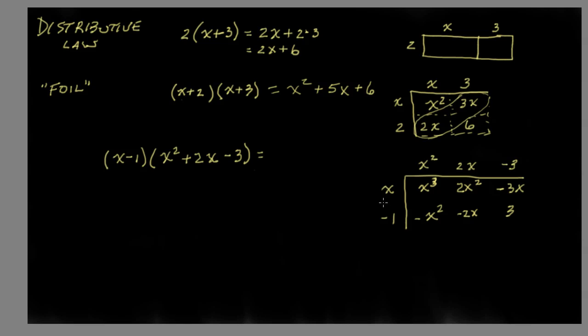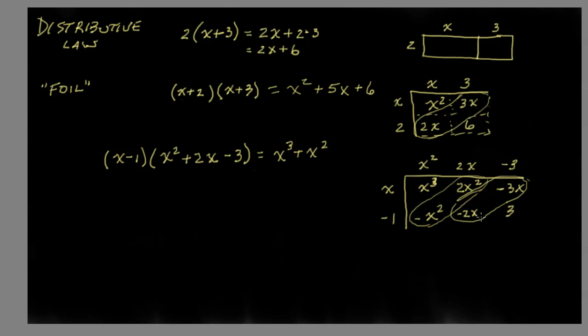And again, notice, as I mentioned up here, on the diagonal, from lower left to upper right, we had terms that were like terms. In this case, that happens again. Here's a pair of like terms, and here's another pair of like terms located diagonally from each other. So when I add those like terms together and write the result, I have x cubed, negative x squared plus 2x squared, so that's negative 1 plus 2, which is plus 1x squared.